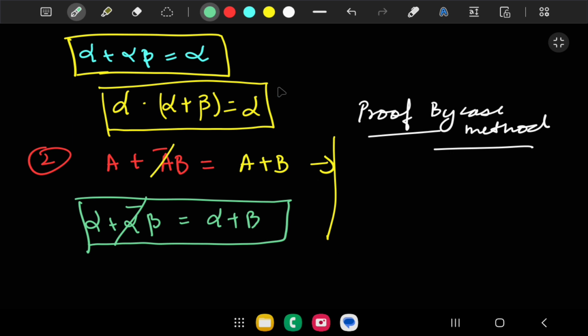So for example, if you have a plus a complement plus ab, you can again use it. You can remove it and get a complement plus b. Why? Because this is again the complement over here. You can remove it, and a plus a complement plus b.